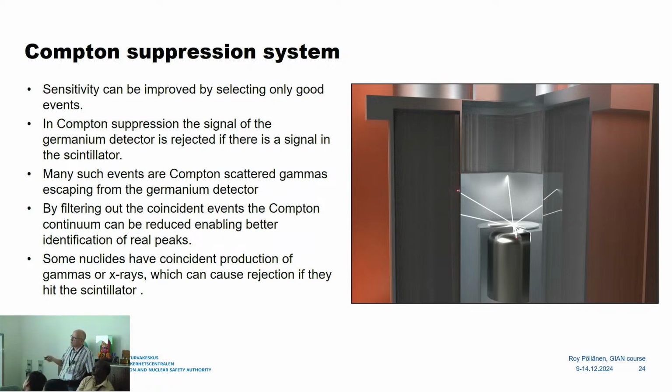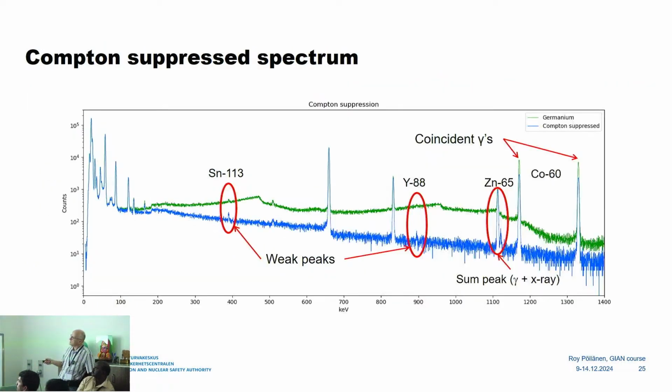Of course, some nuclides have coincident production of gammas or X-rays, which can cause rejection if they hit the scintillator. But let's see the effect. The green one is the normal or standard gamma spectrum.